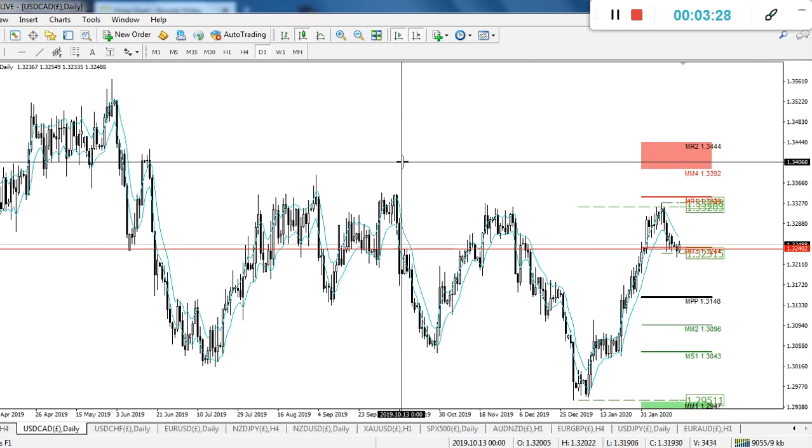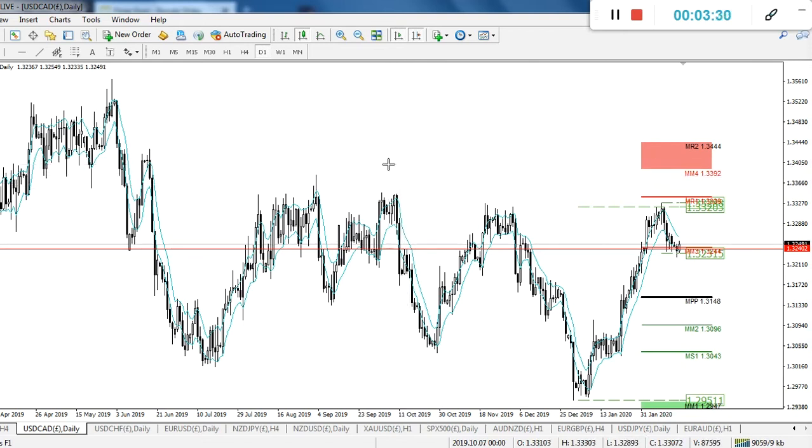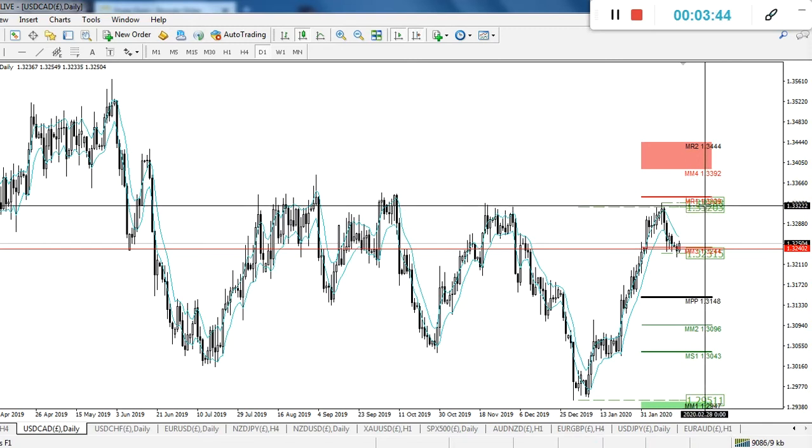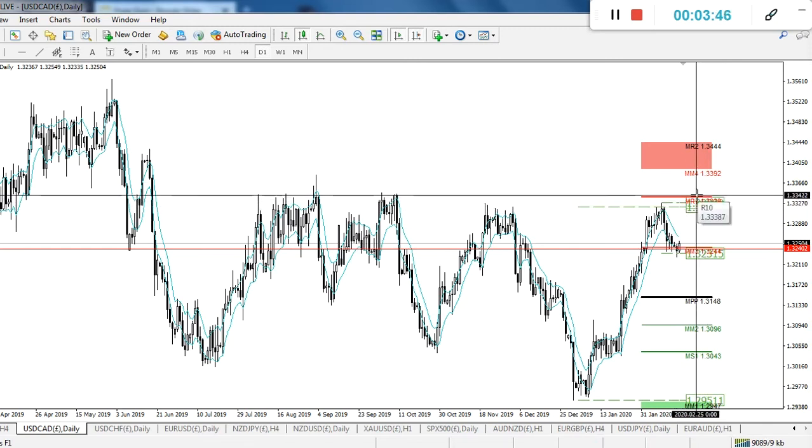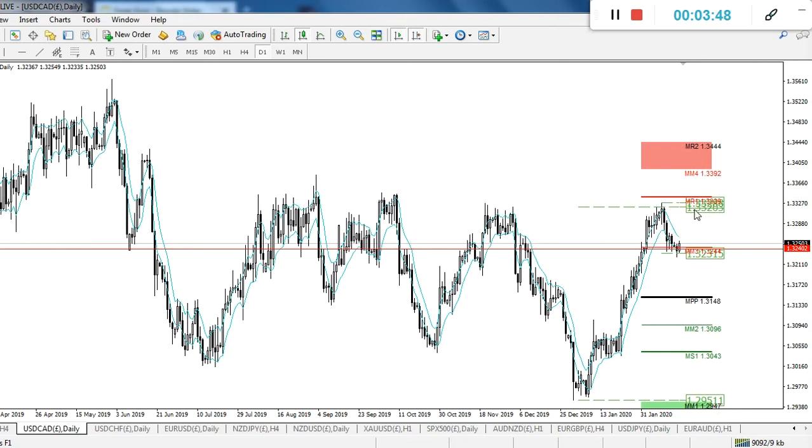But at least I would expect to take out these highs, which is a decent 100 pips, give or take. But only if it shows some strength.